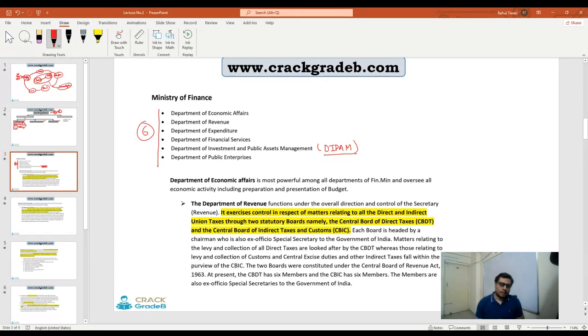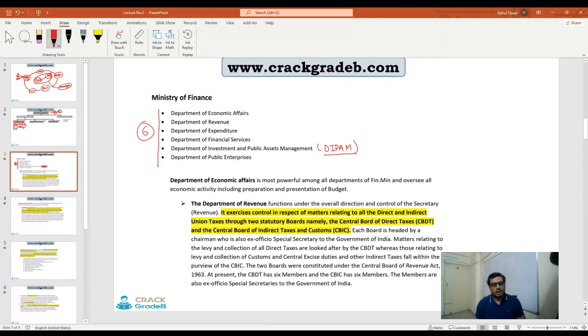So from 1991 onwards, the government of India opened many sectors where private companies were not allowed, right? And gradually the government of India found that many of the government companies are not working efficiently, so it is the right time to sell off their holdings in those government companies.